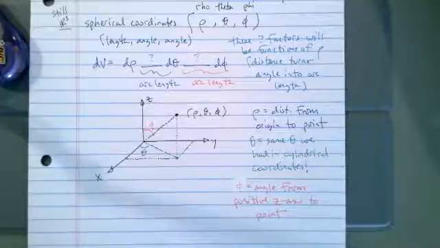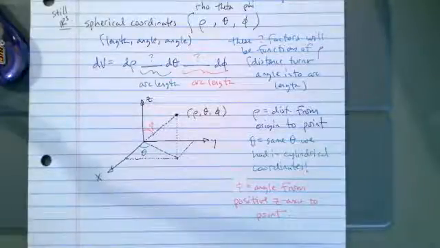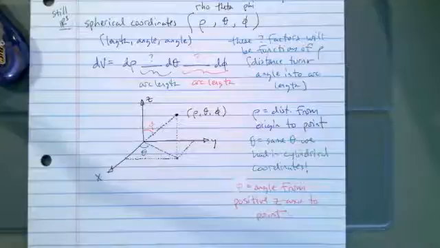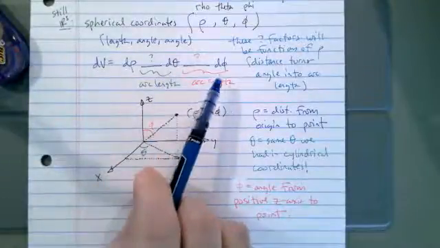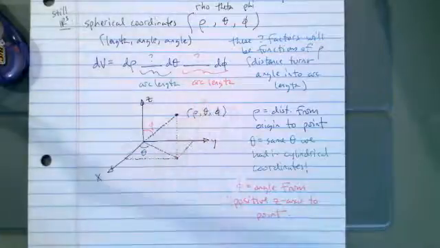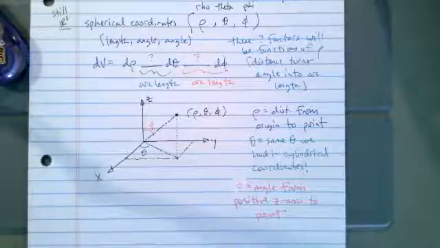So we need to figure out factors, which should both be functions of rho, to turn these angles, d theta and d phi, into arc lengths. Everybody see what our goal is?